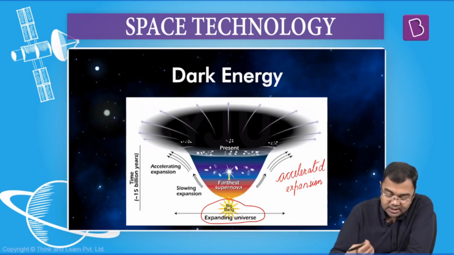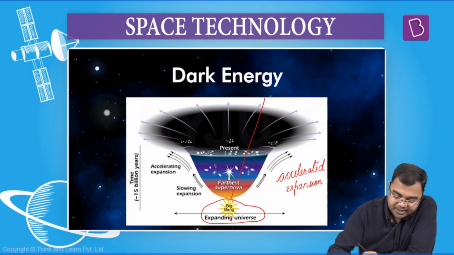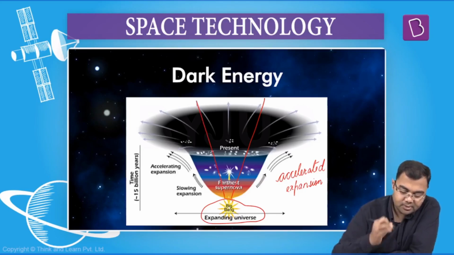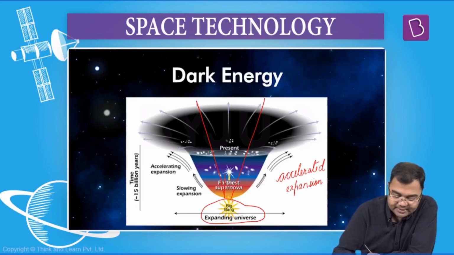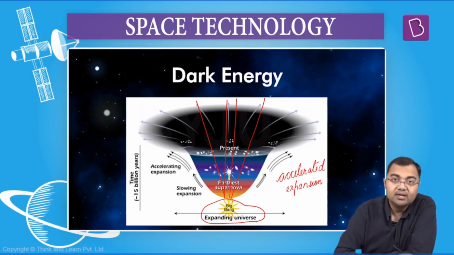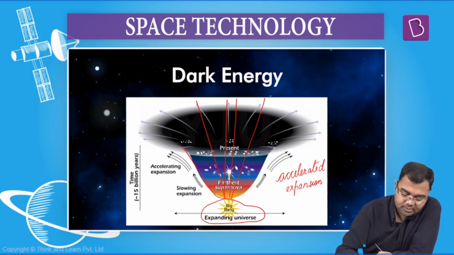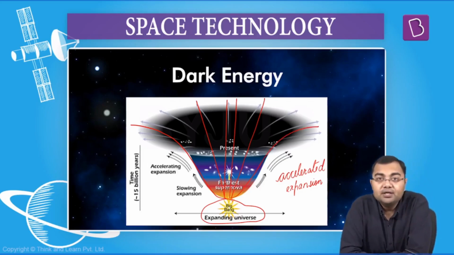So let's say if it was not an accelerated expansion, then either you would see expansion happening like this, or if it was uniform, linear, then maybe you might have seen something like this. But what we observe is the expansion happening like this, just like a funnel. So that's why the conclusion is that there is an accelerated expansion of the universe.